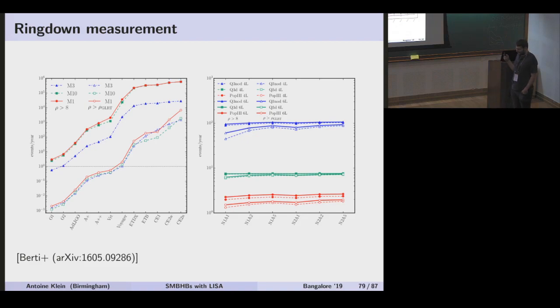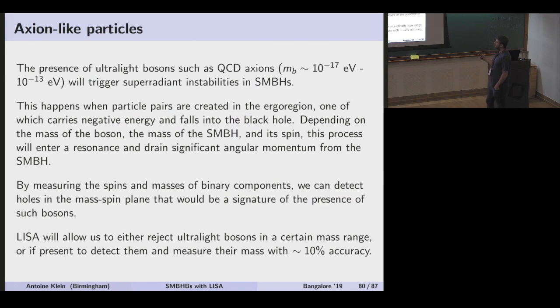All right. So one other thing that you can do with LISA that's a bit surprising is that you can detect axions with the supermassive black hole measurements.